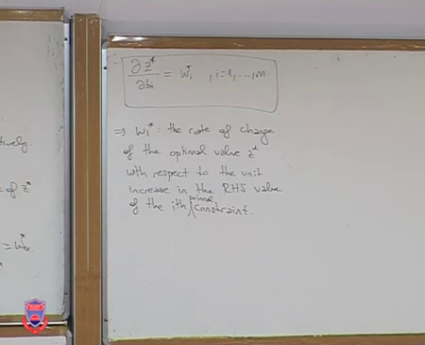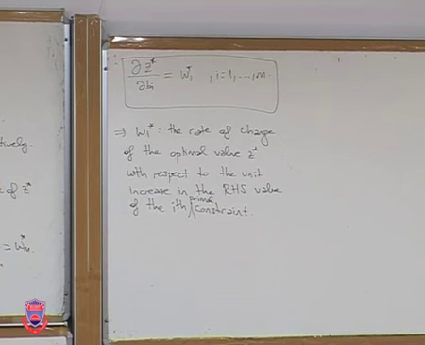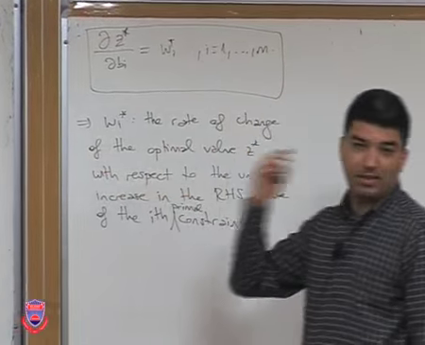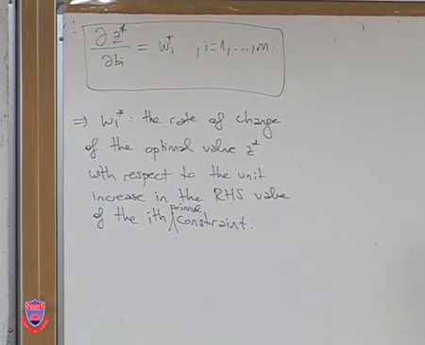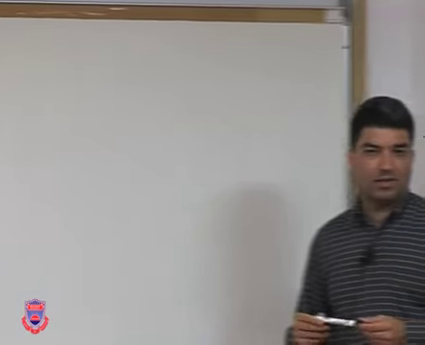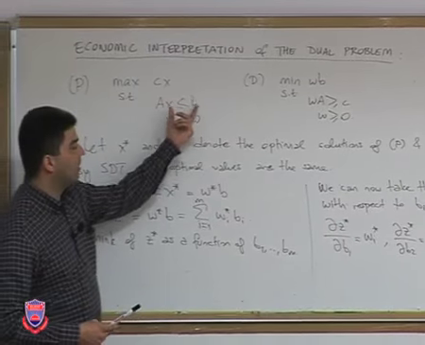Now let me try to make this a bit more concrete. What exactly does this mean? Suppose that the primal problem is a production planning problem. You want to maximize your total profit. You have n different products, and you're using m different resources to produce those products. We've seen such examples before. You can think of the first constraint as the machine time constraint, then we have a labor time constraint, and so on.